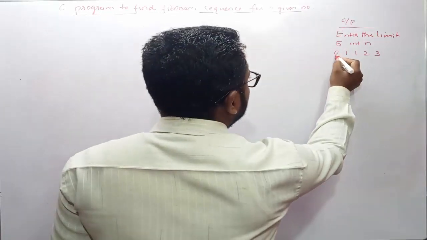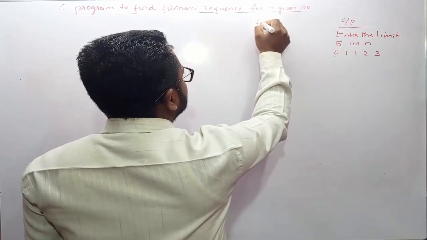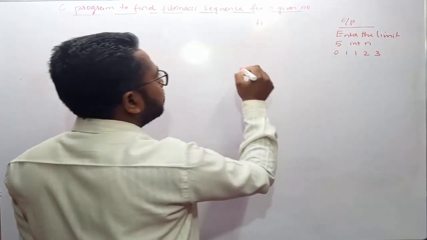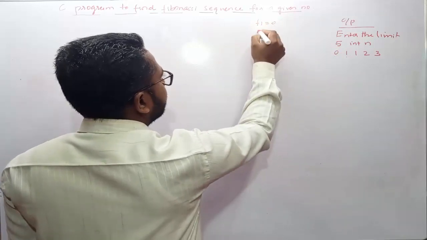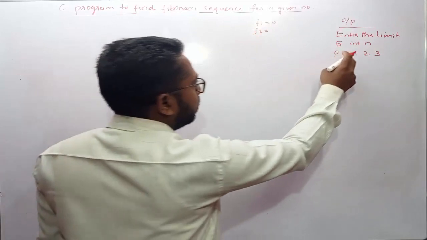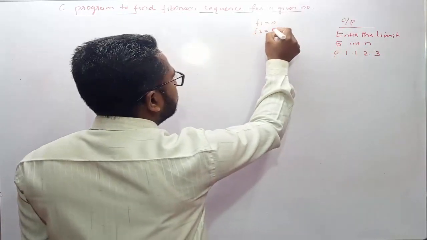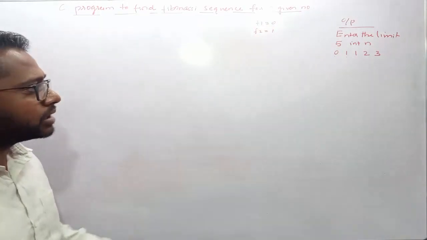These first two numbers are fixed. So what I will do is first make a variable f1 and initialize it with the value 0, and then I will create one more variable f2 and initialize it with the second value 1. Now these two values are fixed.